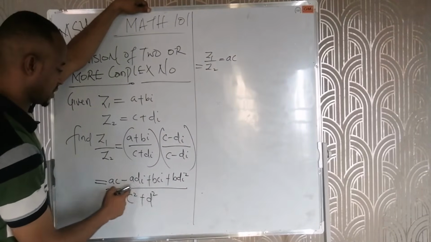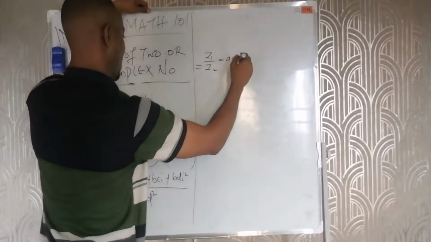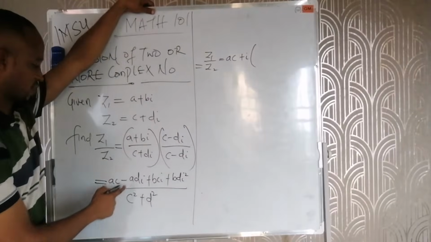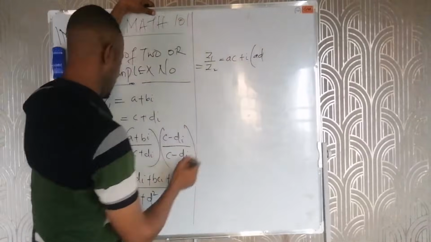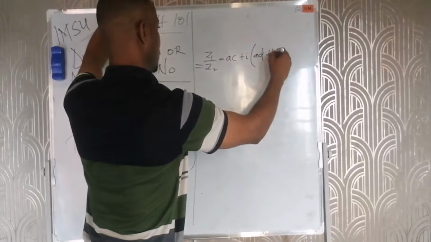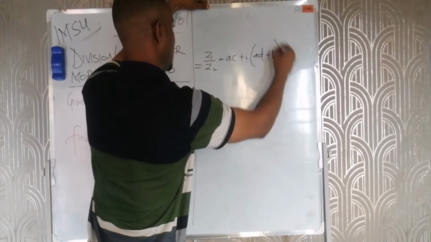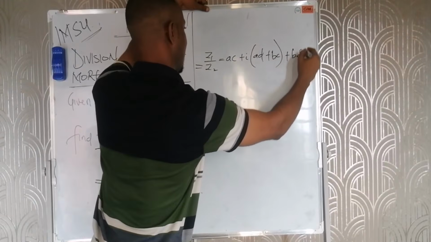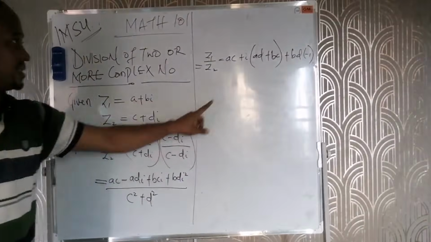Between these two, what is common is I, so I can bring out my I and say plus I times AD plus BC, then plus BD times minus 1. Let me repeat again. Here we have AC, right?